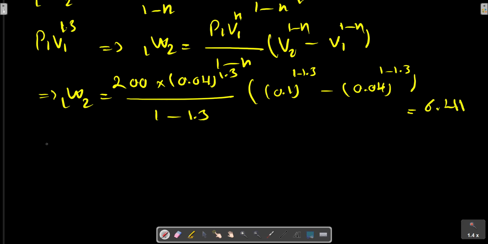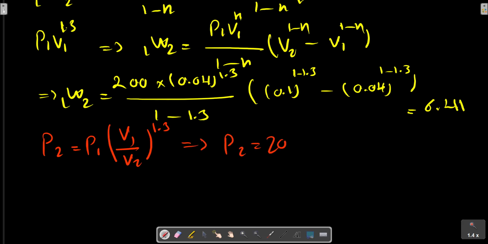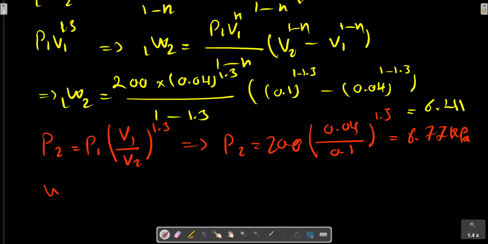Or we can first calculate P2 from this relation, P1 multiplied by V1 over V2 to the n. In this case P2 is calculated from this relation over one minus n.